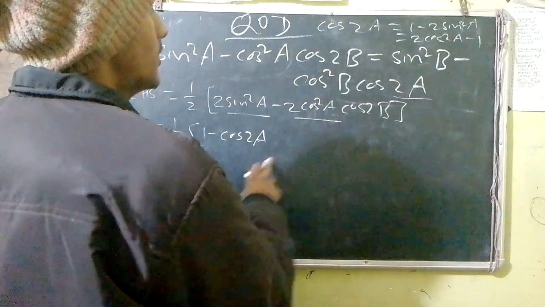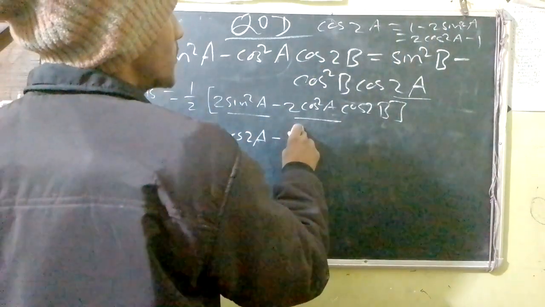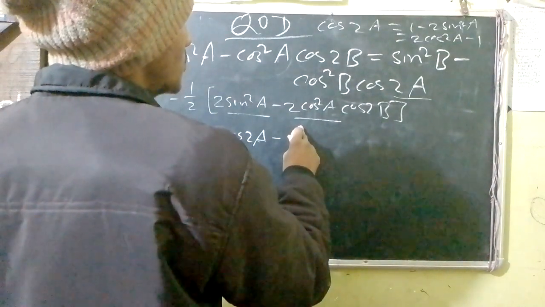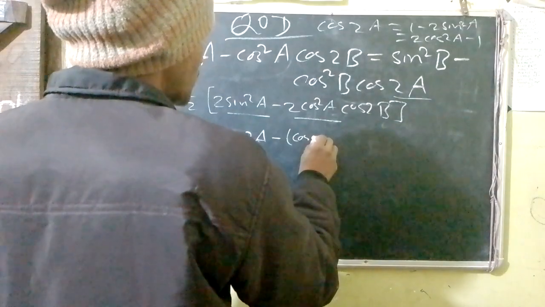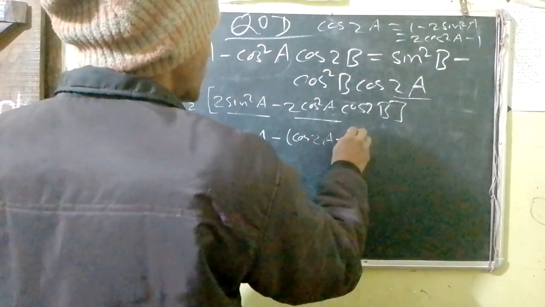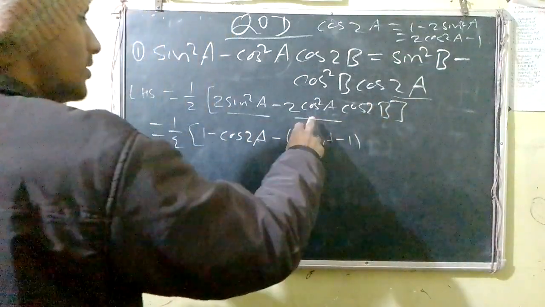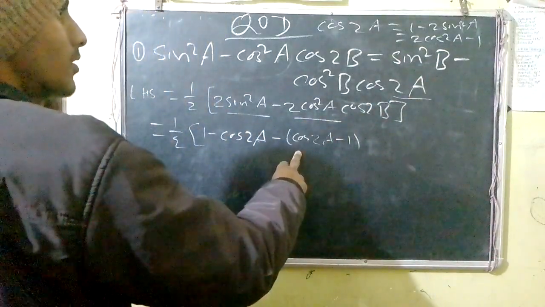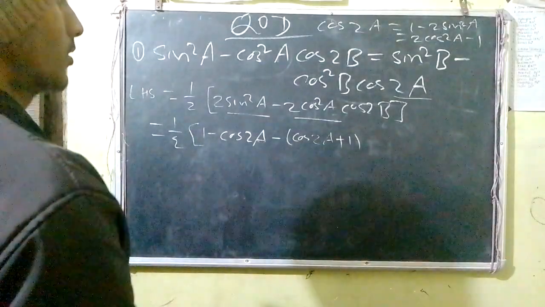1 minus cosine 2A is 2 sine square A. And what is 2 cosine square A? It should be plus 1 or minus 1? Plus 1.